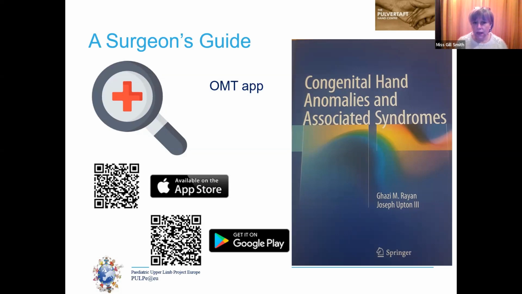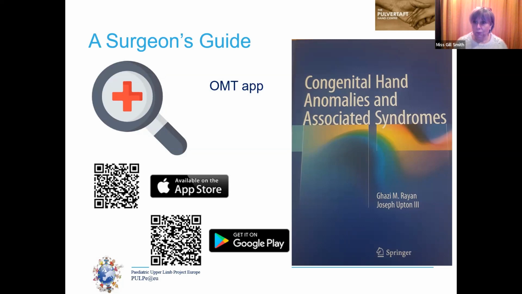And you can get this app on the App Store or Google Play, but don't just look up OMT, because if so, it will give you a money transfer app. And much as I'm sure we would like some money sent to him, that isn't the idea. You need to look up the congenital hands one, and you can get these on the IFSSH website, so you can look up through there if you wish.